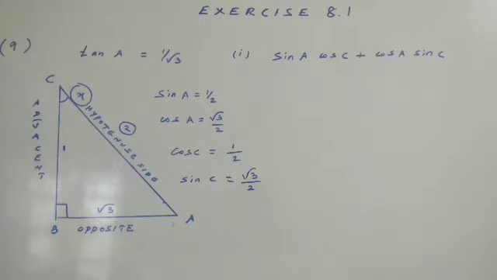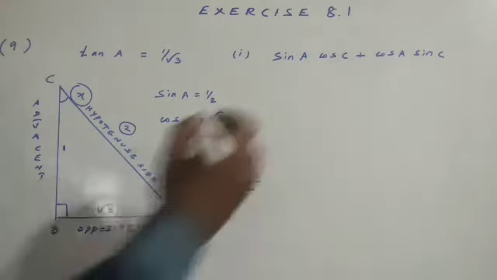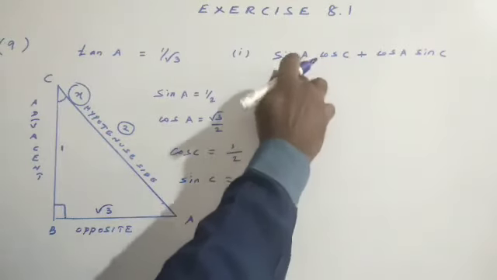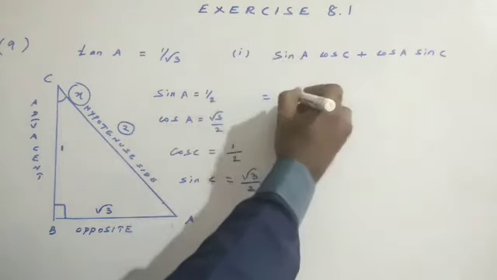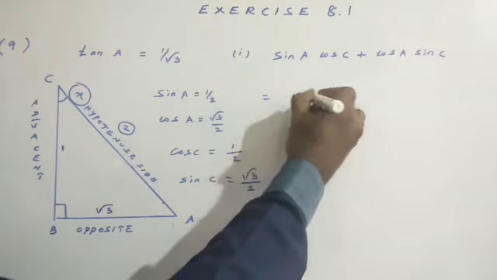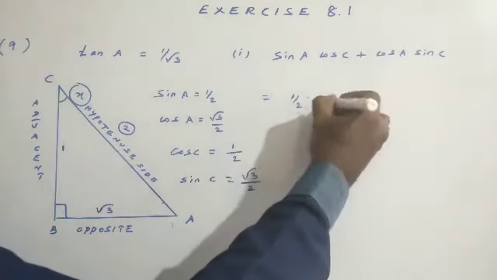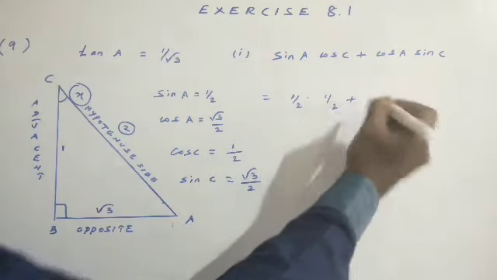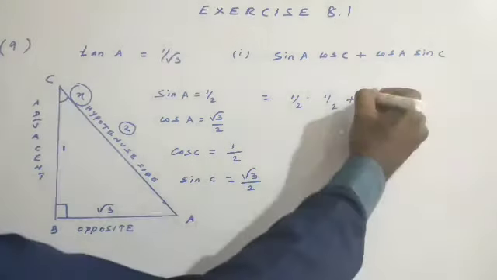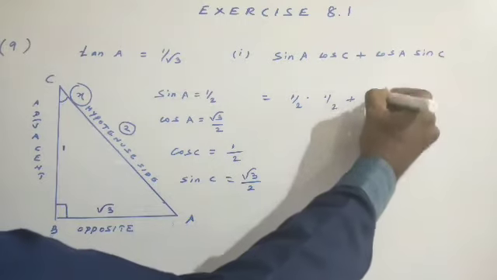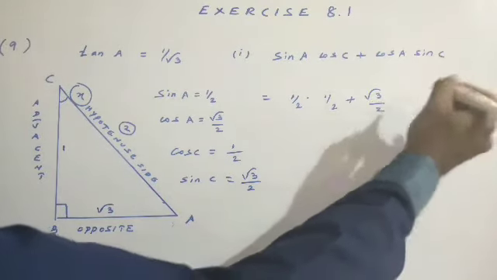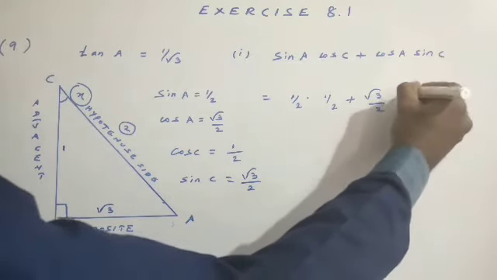Now substitute these values in the first one. For sin A, 1 by 2, and for cos C, 1 by 2, plus cos A, root 3 by 2, sin C, root 3 by 2.